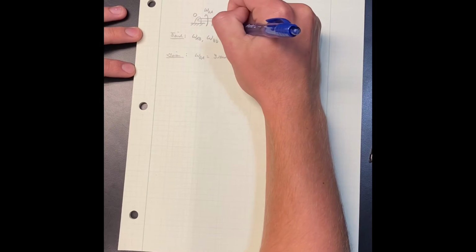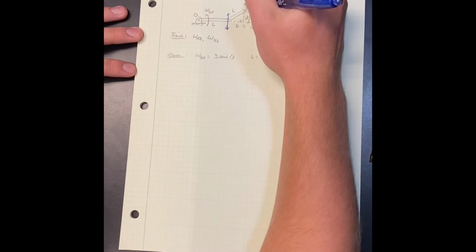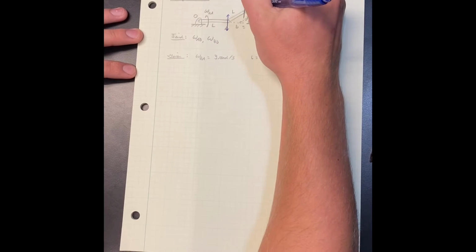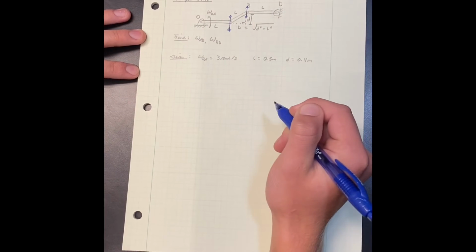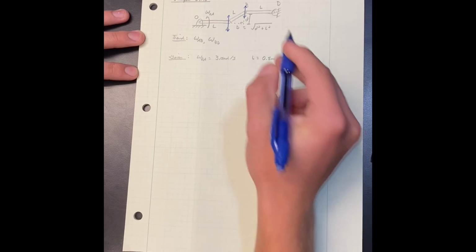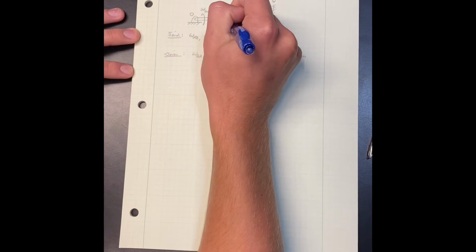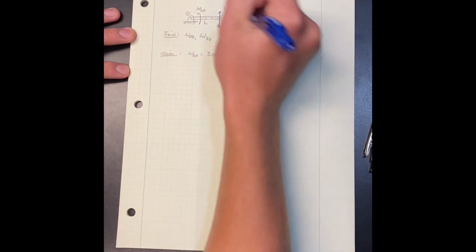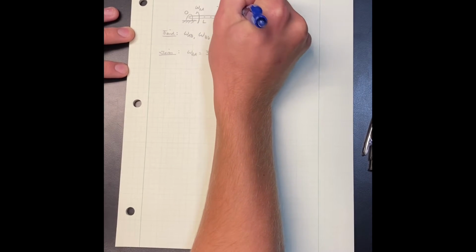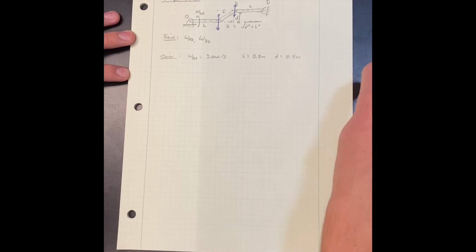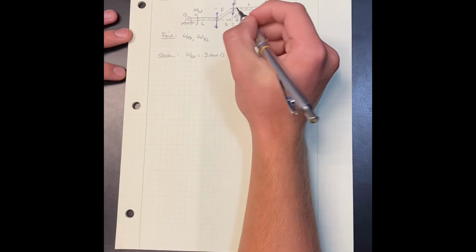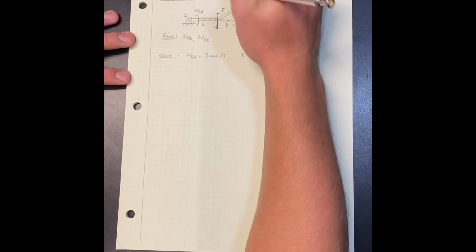So the velocity at A will be in this direction, and the velocity at D will be in this direction. And then their instant centers will be perpendicular each way of the velocities. And then from this, we conclude that the instant center of link AB is infinity.